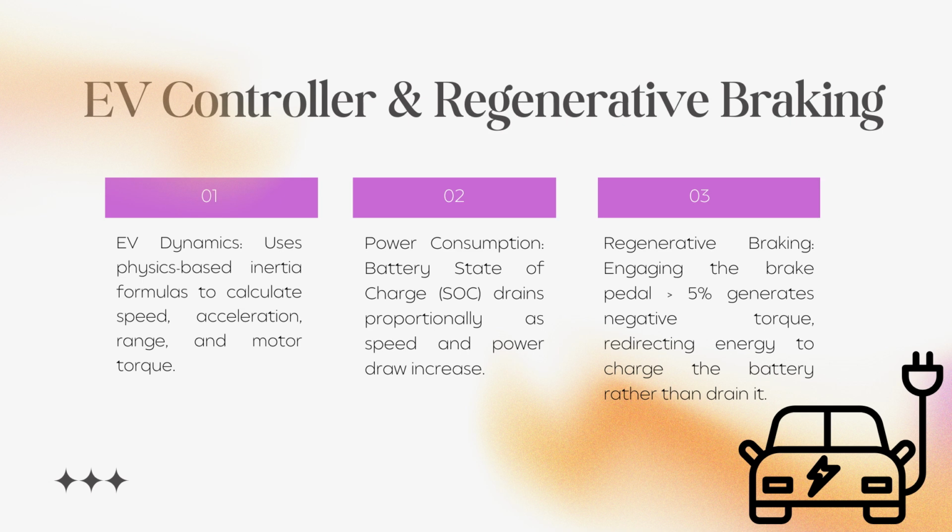A major feature we implemented is regenerative braking. If the brake pedal is pressed more than 5%, our code generates negative torque instead of draining the battery. This negative torque is redirected to actually recharge the battery, simulating how real EVs recover energy when slowing down.